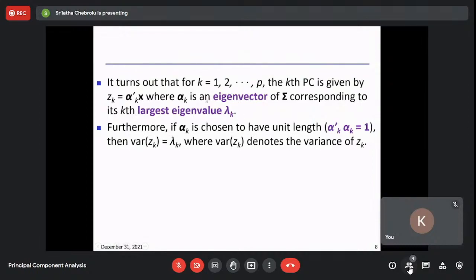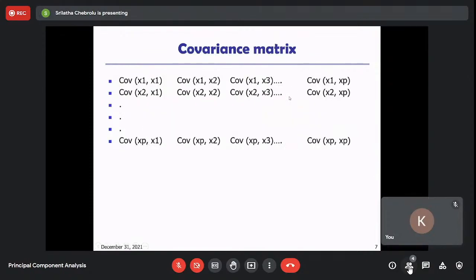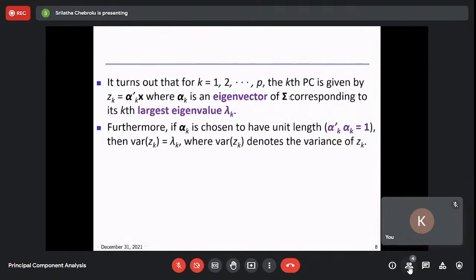So here what they are saying is this alpha k is the eigenvector of sigma. How it becomes the eigenvector of sigma, the derivation will be shown later. But as of now, this alpha k is the eigenvector of sigma corresponding to the largest eigenvalue lambda k. We will see how.